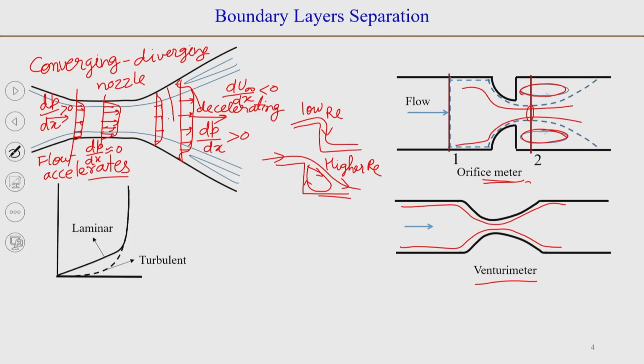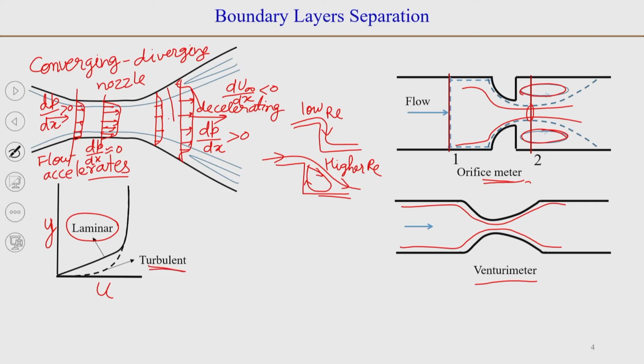Okay. Now, if we compare the velocity profile in laminar and turbulent boundary layers, that is a typical profile for laminar flow, whereas in the turbulent flow the velocity gradients are higher near the wall.